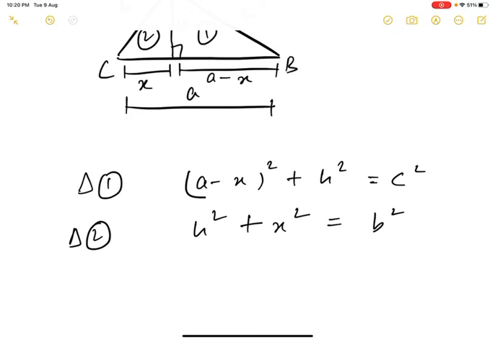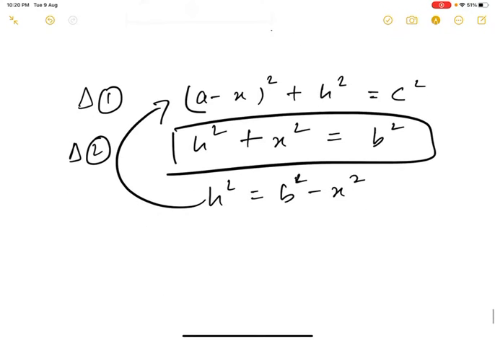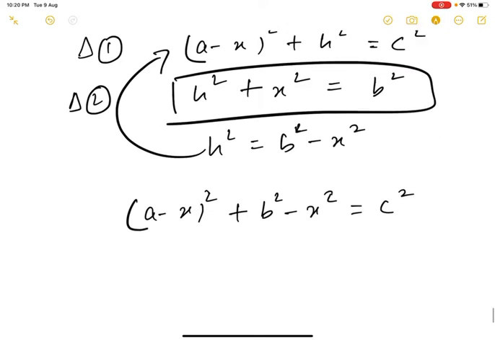Now from this second equation I can have that h squared is b squared minus x squared. So now I will put this in the first equation. Then I will have (a minus x) squared plus b squared minus x squared is equal to c squared.